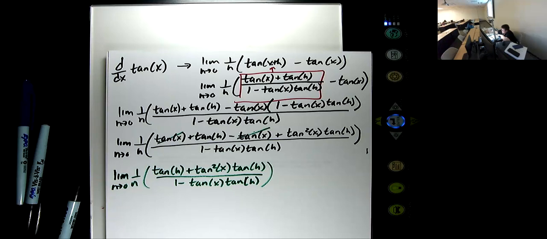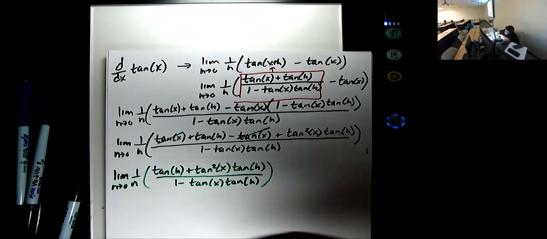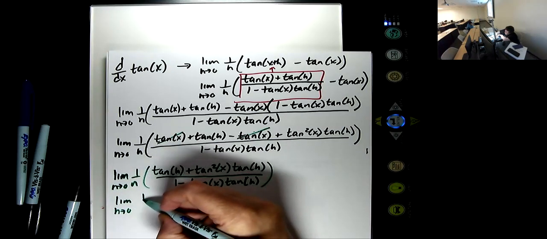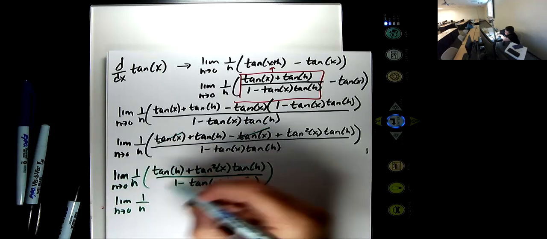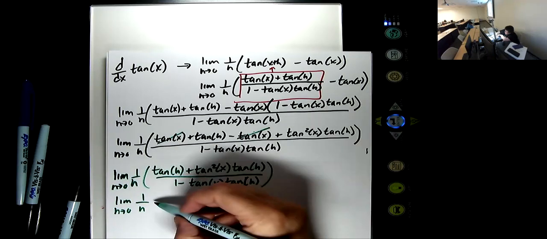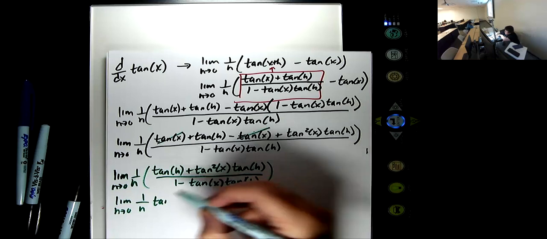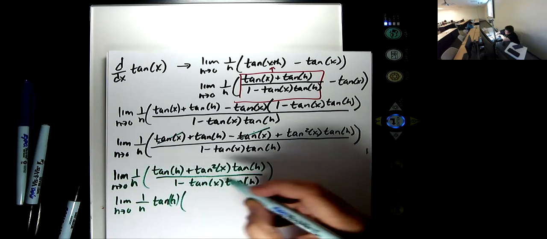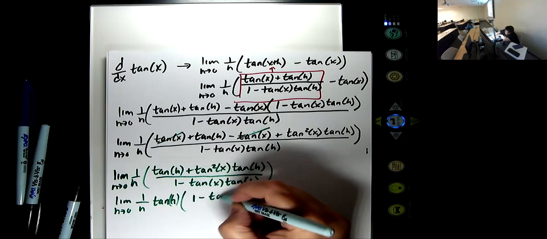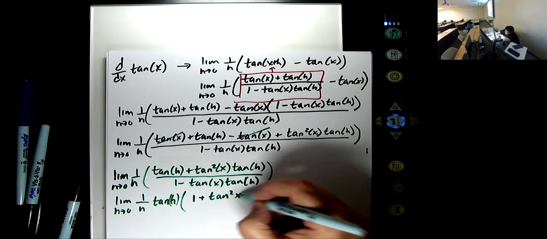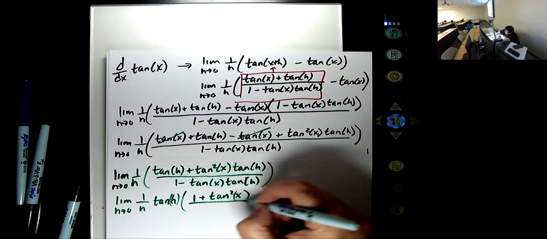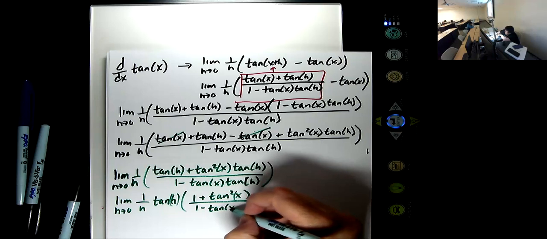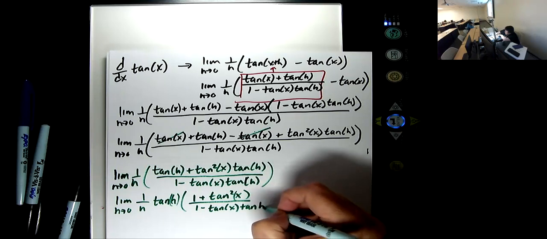Looks like I can factor out a tangent h. And I'm left with 1 plus tangent squared x over 1 minus tangent x tangent h.